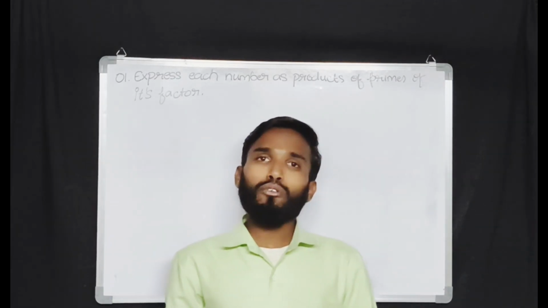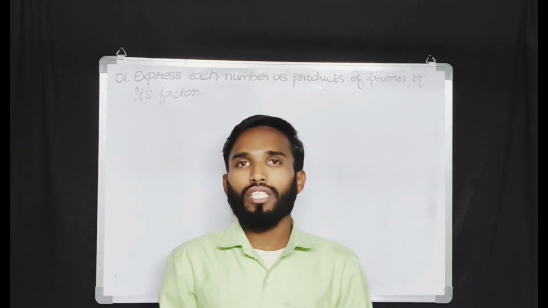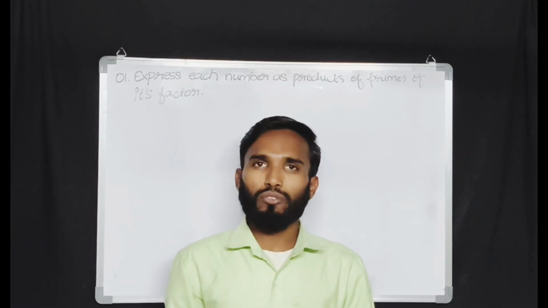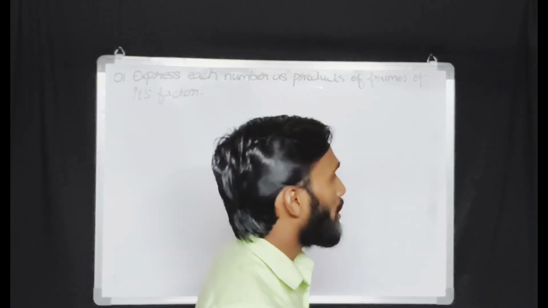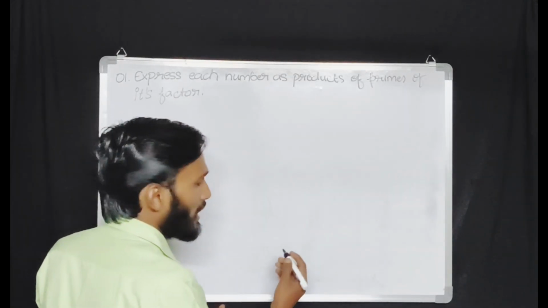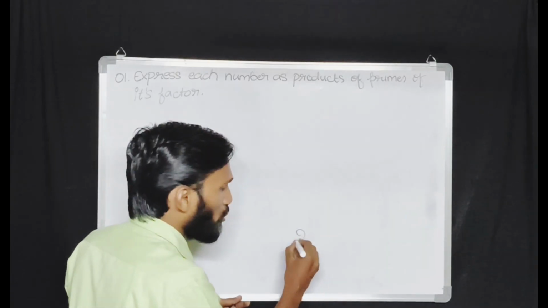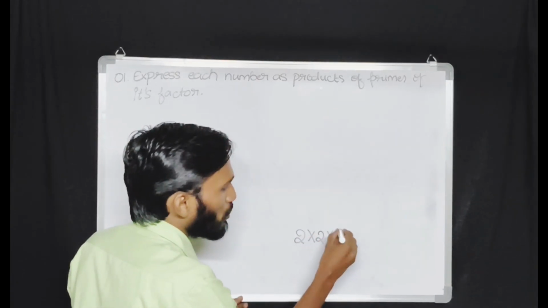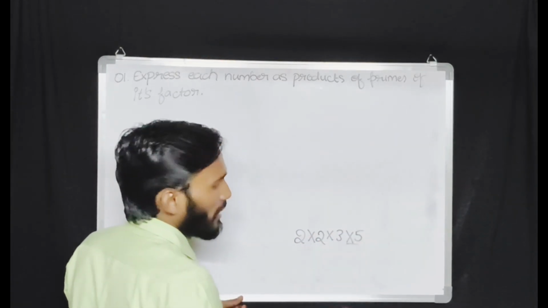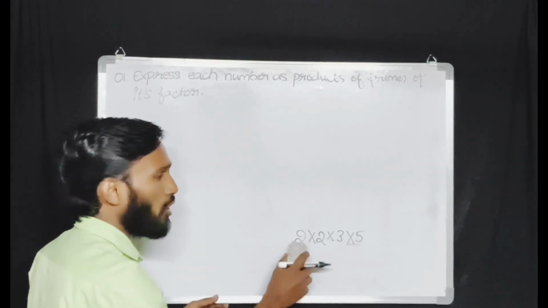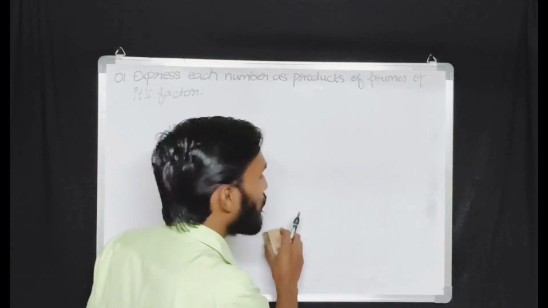That means we have to write the factors of a number in terms of only primes. What is the meaning of product? Writing the factors like this: 2 into 2 into 3 into 5. Here, into means product. Now these are all prime, the product of primes of factors.